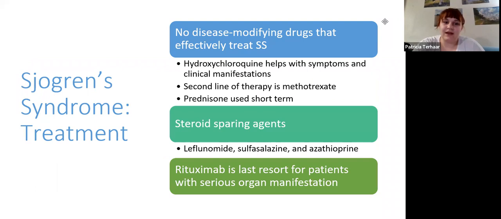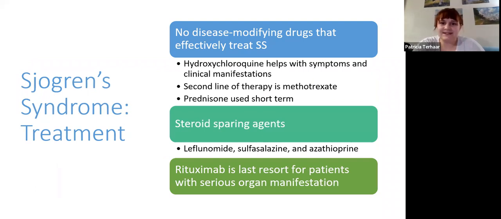Other forms of treatment: there are no disease-modifying drugs that effectively treat Sjögren's syndrome. There are certain drugs that focus on different clinical manifestations, such as hydroxychloroquine, which helps with symptoms. A second line of therapy is methotrexate. Prednisone can also be used in the short term.